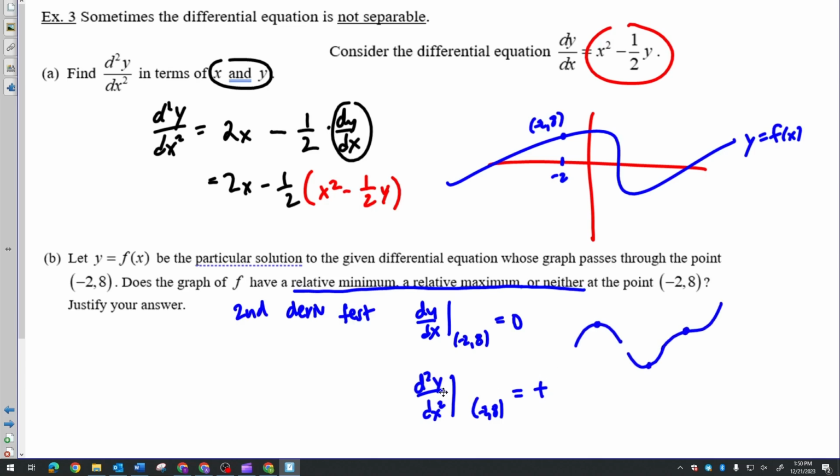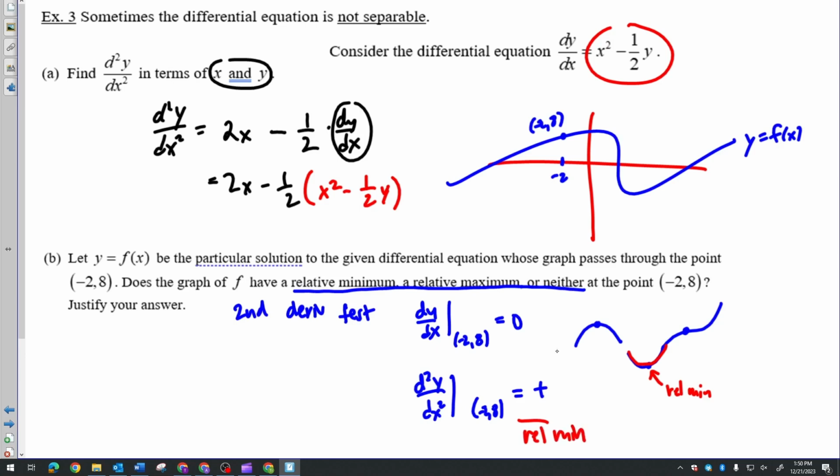But your second derivative is positive, that means you're concave up. So at this point there's a relative min. That's what the second derivative test says.